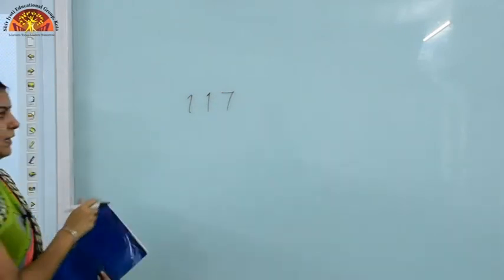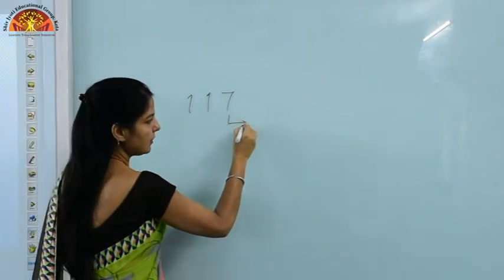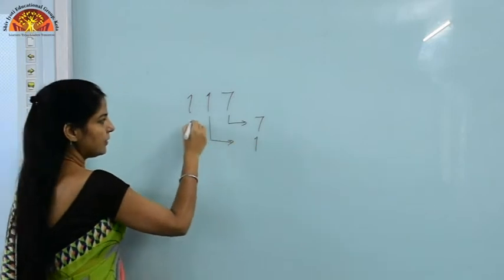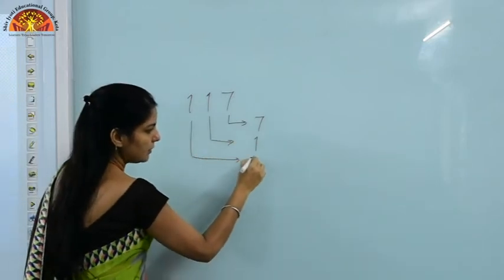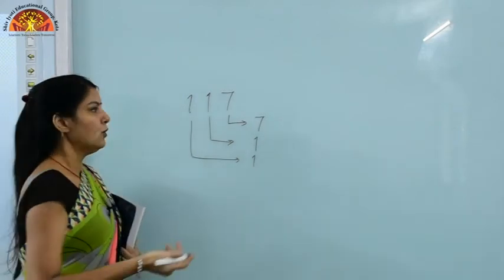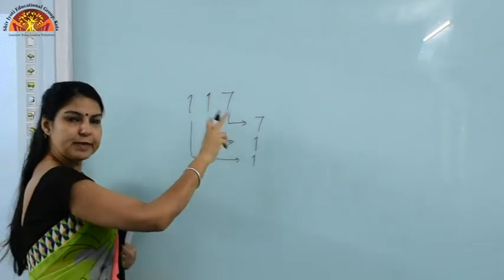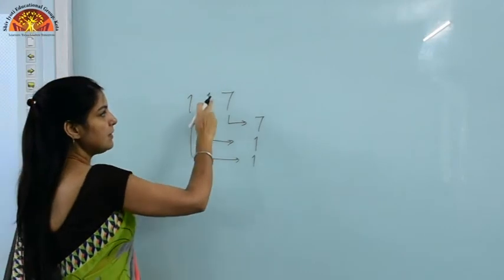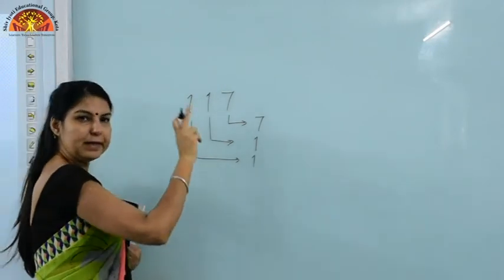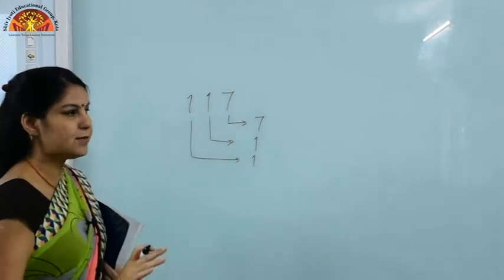Here the face value of 7 will be 7, the face value of 1 will be 1, and the face value of this one will also be 1. But when we talk about the place value, the place value of 7 will be 7, this one will be 10, and this one will be 100. I hope you have understood.